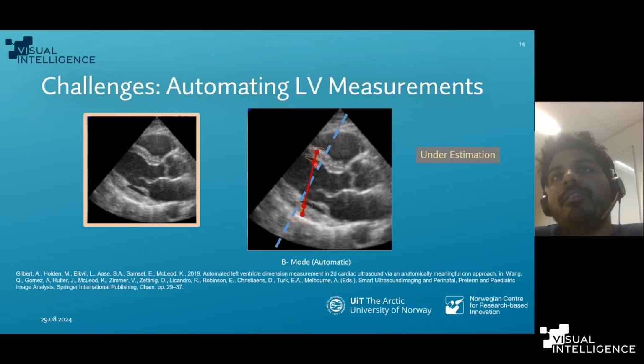for example, this is a typical prediction from the neural network, and the fully automatic neural network thinks the landmarks should be like this. And if we don't perform measurements at the same level perpendicular to the structure which we are trying to measure, then in this case we are overestimating, and here we are underestimating the actual measurement.